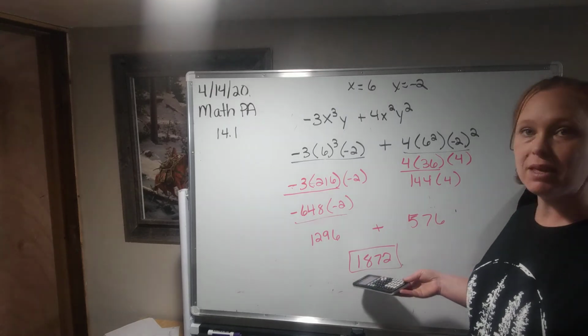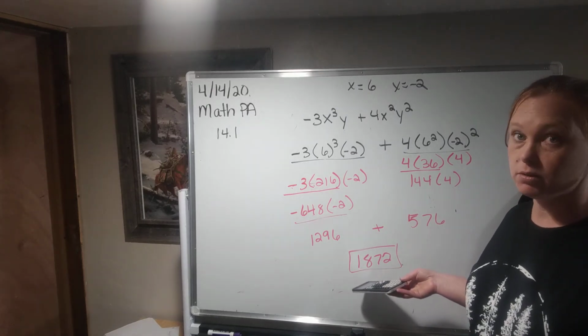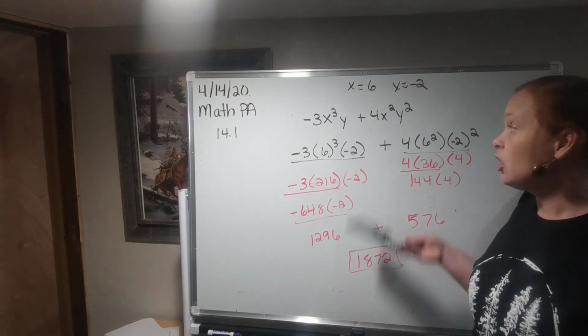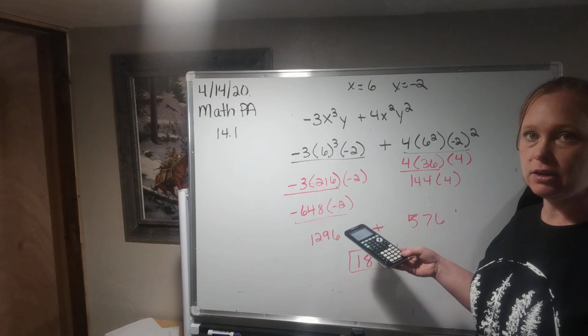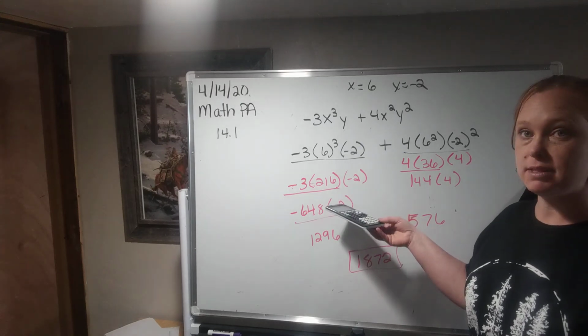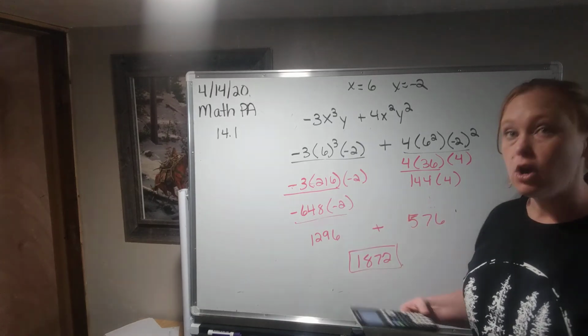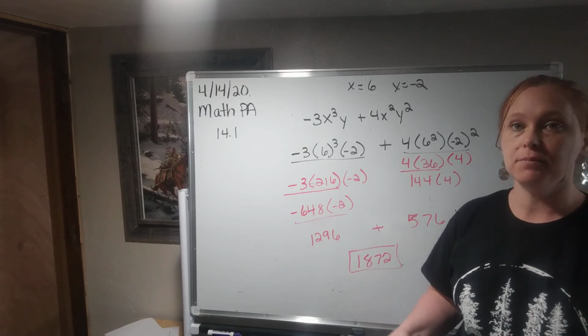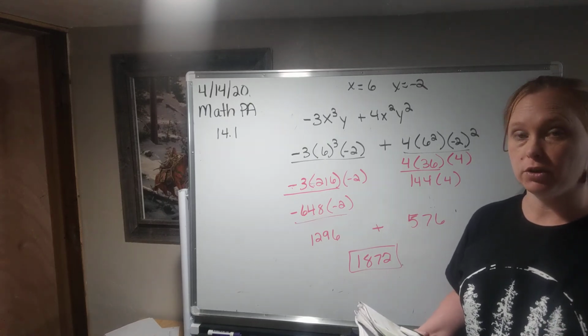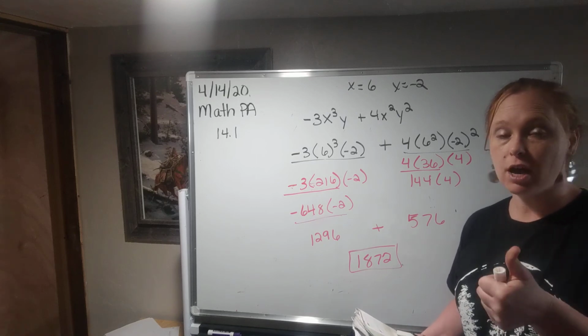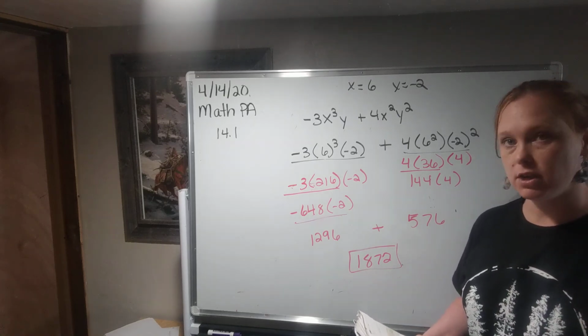If you just give me this, I don't think you did the work. Where's the work at? You cannot do this in your head. I don't want you thumbing things in on a calculator because then you forget or you make mistakes. I want you writing your work. When I'm checking your work, while we're doing online school, you're getting marked on if you show me your work or not. If you show me your work, good job. Even if you get the problem wrong, we can figure that out.